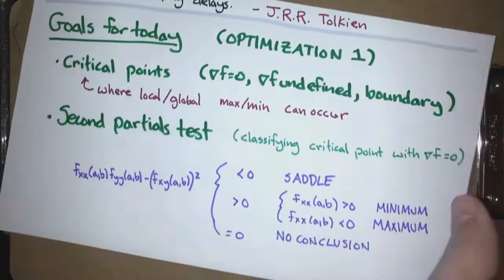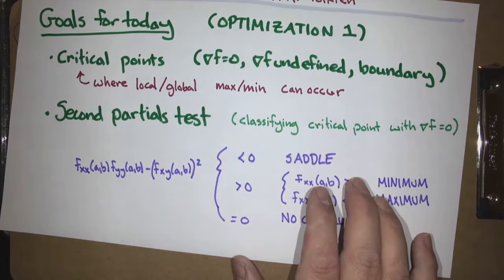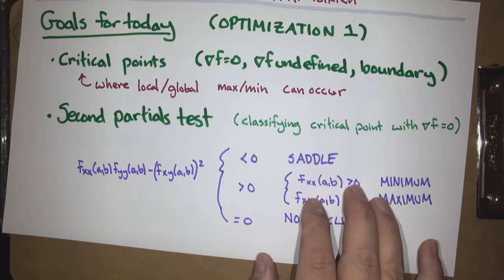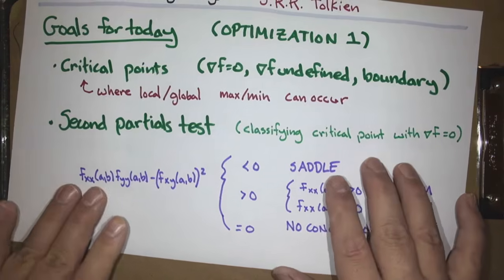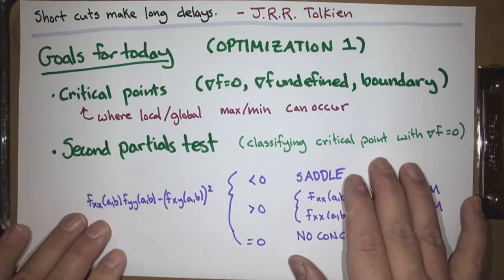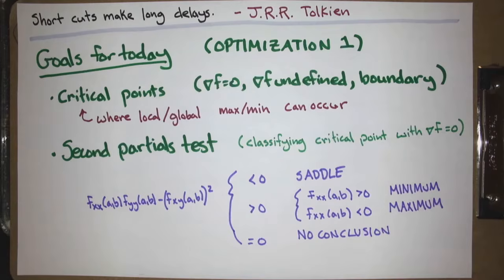All right. Well, on to today. Thought for the day from John Ronald Reuel Tolkien: "Shortcuts make long delays." Well, he wrote fantasy, and one of the great fantasy writers, people would argue. But this is true in life.